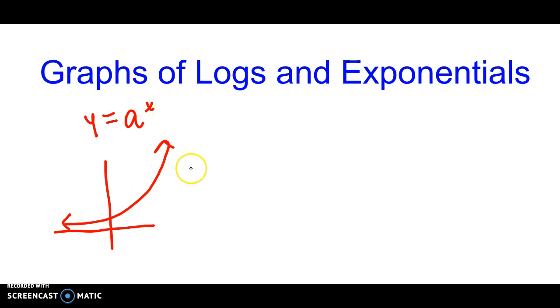There are two very important ordered pairs on this graph: the ordered pair (0, 1) and the ordered pair (1, a), based on the base. Also keep in mind that these ordered pairs can change if there is some kind of transformation done to the equation, whether that's a horizontal or vertical shift, or maybe a shrink.